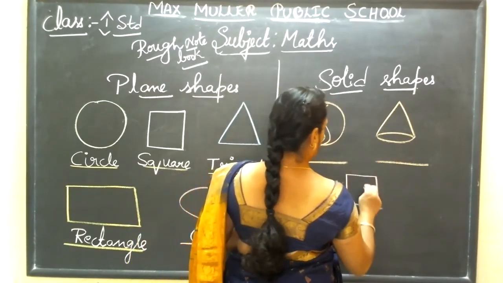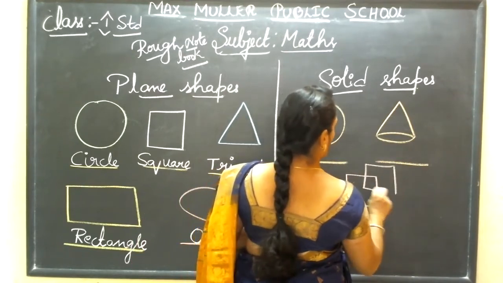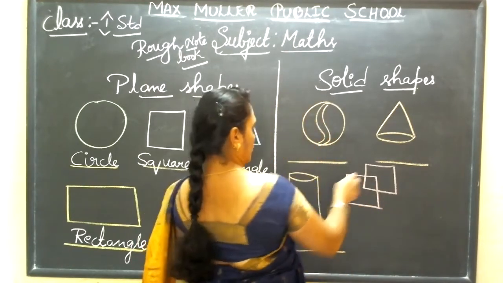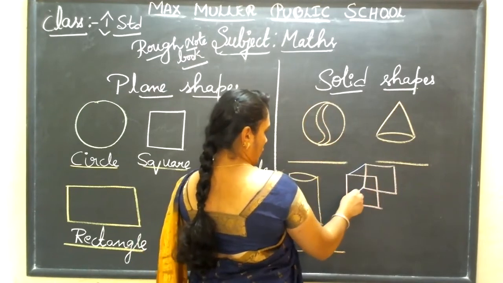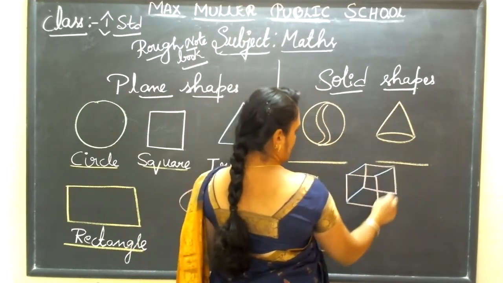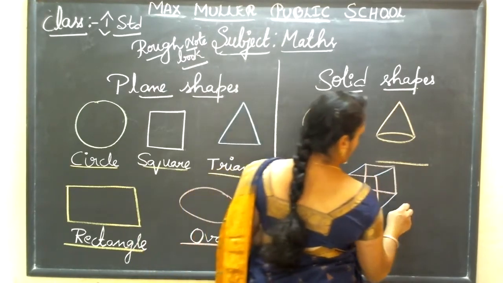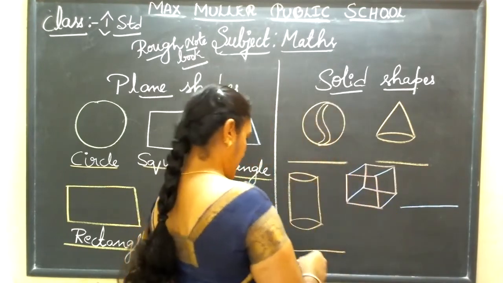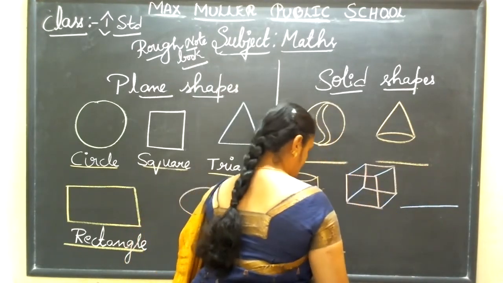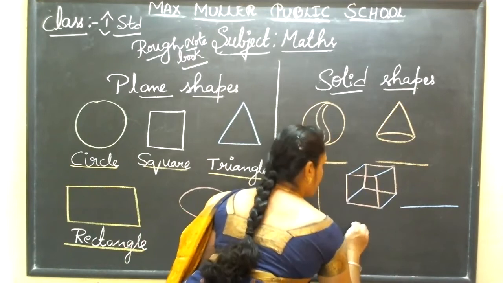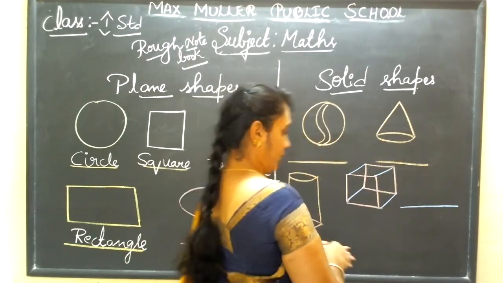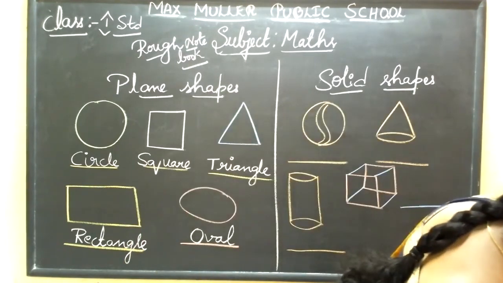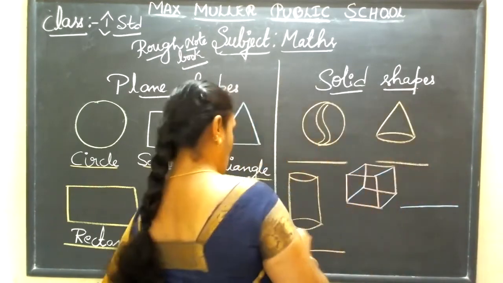Then cube. What is this? Cube. I told not to square you draw. Then join the corners. This cube. Then cuboid. Draw the cuboid.